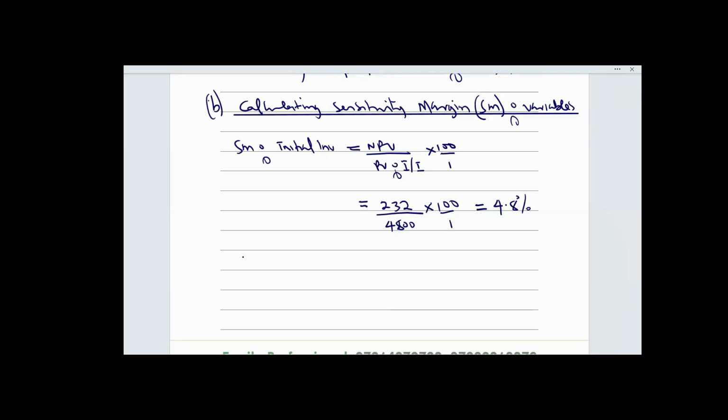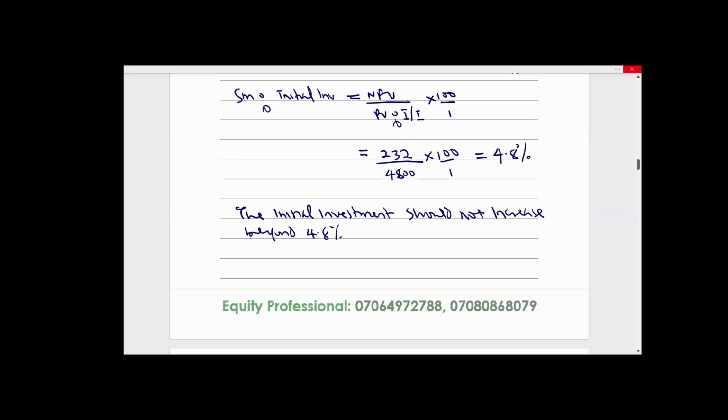So you then come here and interpret your result. The initial investment should not increase beyond 4.8%.